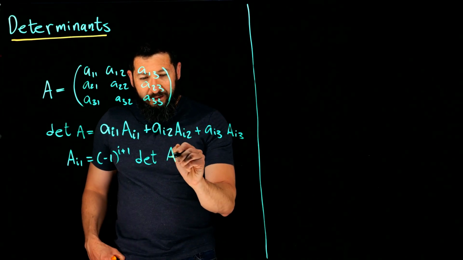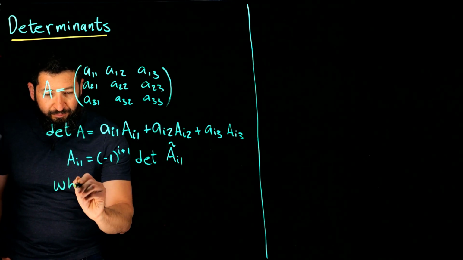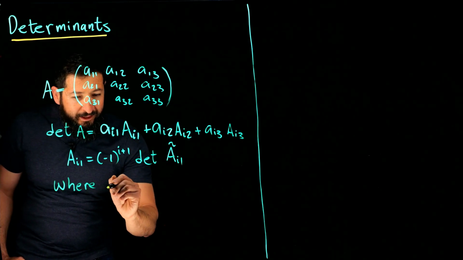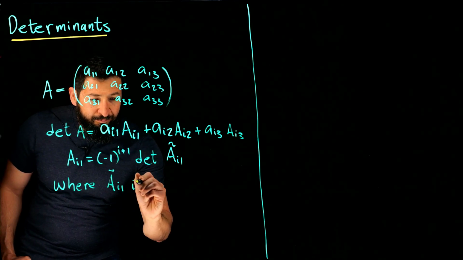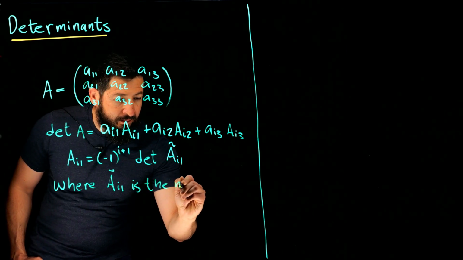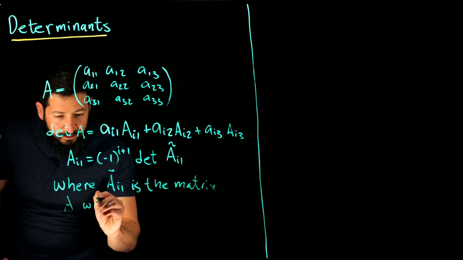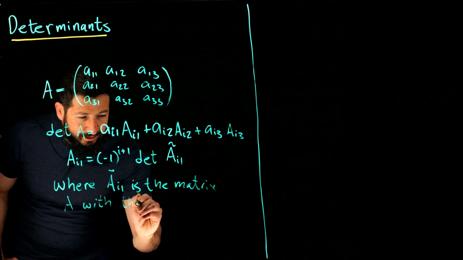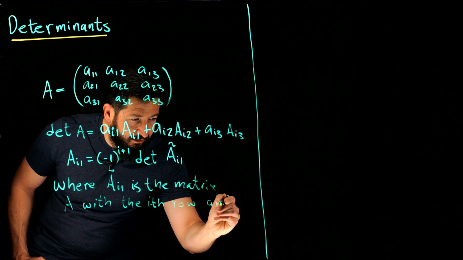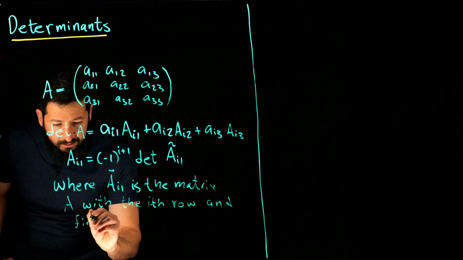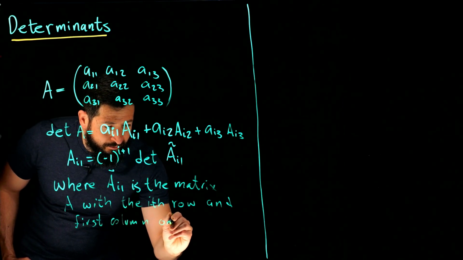Here the submatrix, A sub i1, represents the matrix A with the ith row and first column omitted.